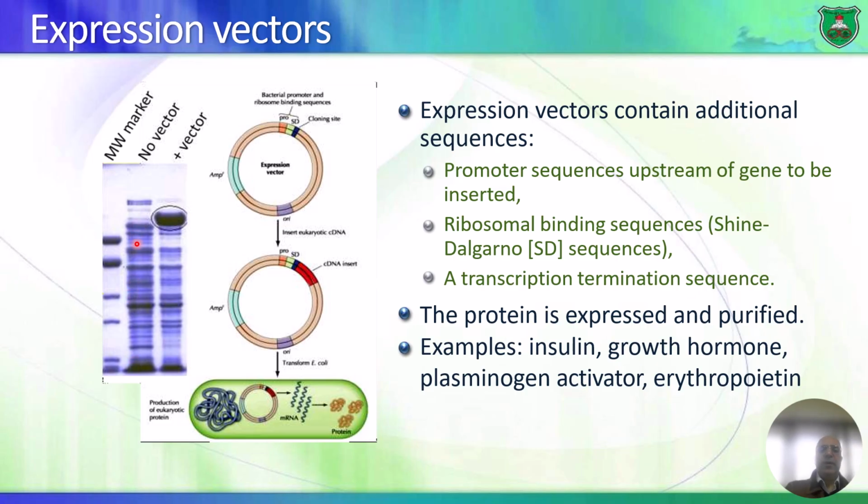Okay, so you can go back to the biochemistry lecture. So here we have all bacterial proteins, taken from bacteria that do not contain the plasmid. And here we have the bacteria that contain the vector, the expression vector. And you can see the only difference is this band right here, and this band represents the human protein. So they express huge amount of human protein. Okay, so this is expression vectors.